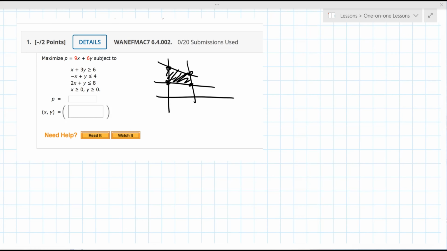Yeah. Okay. 2 and 3 are the same, but let's do 2, and then we'll go to 3.